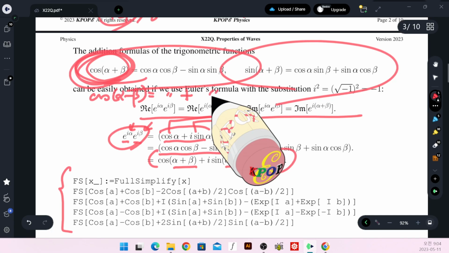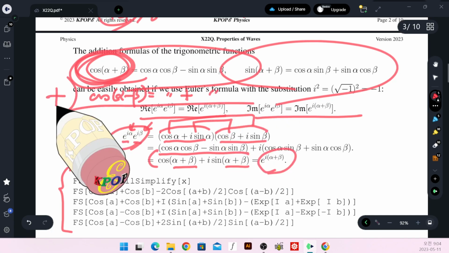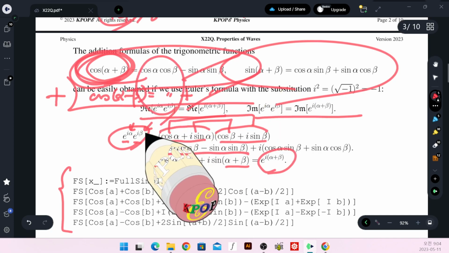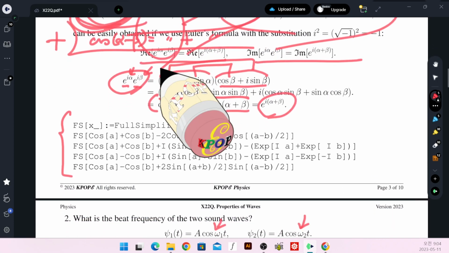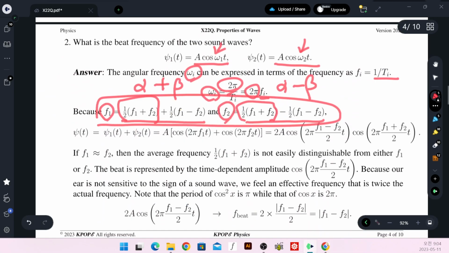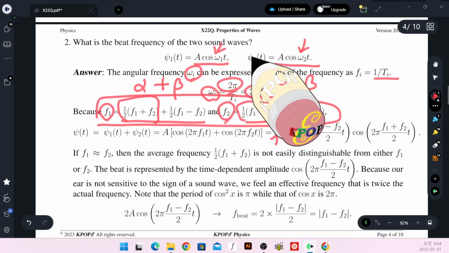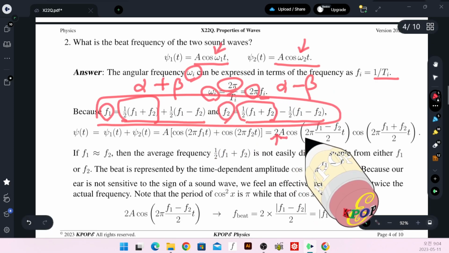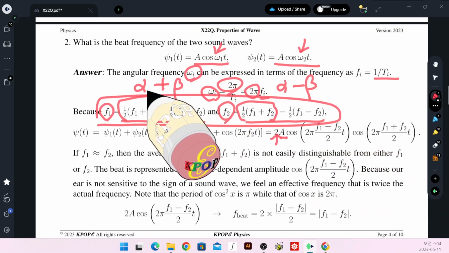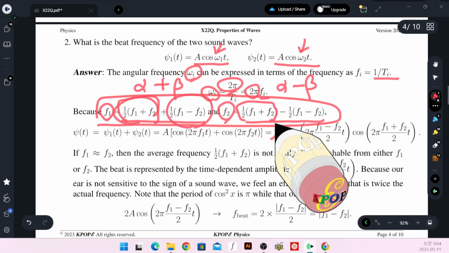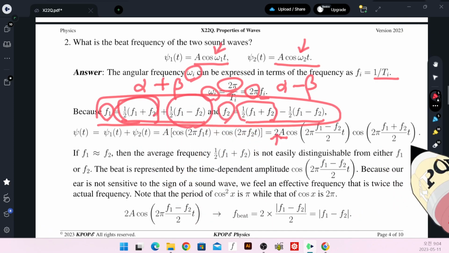And same thing, if you add them up, then this cancels and you have a factor of 2 times cosine times cosine. Therefore, the answer is a factor of 2, common amplitude A, and cosine cosine, where alpha and beta are given in here. I just copied the result in there.